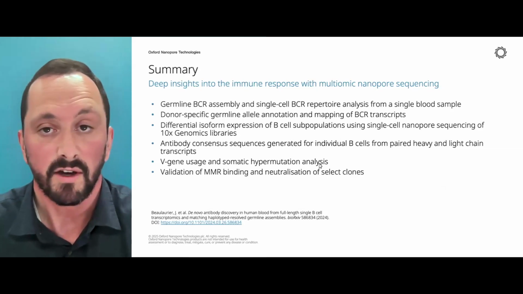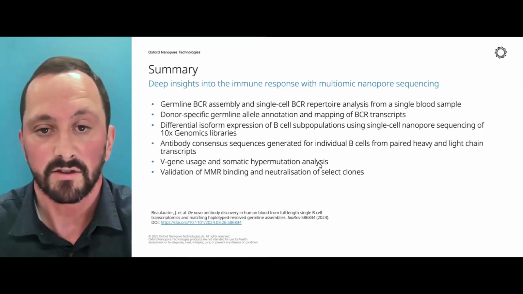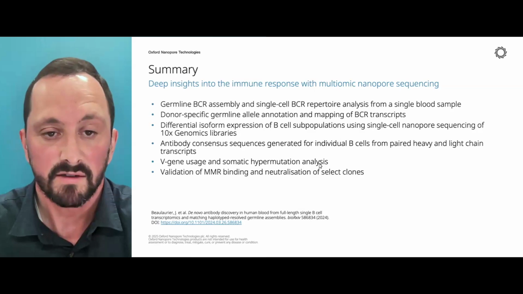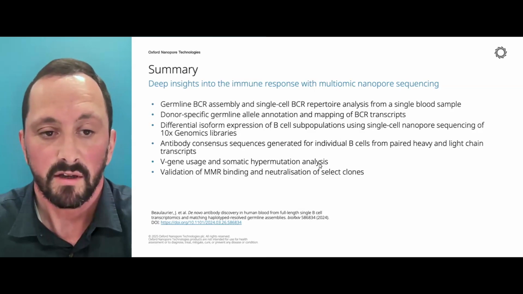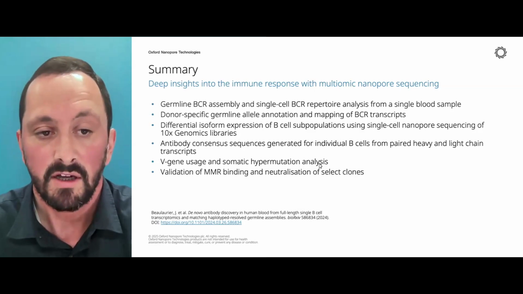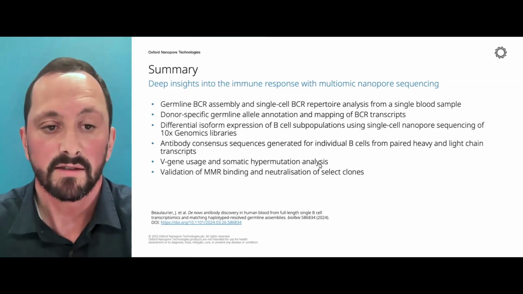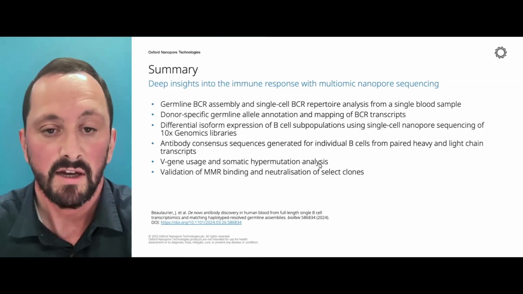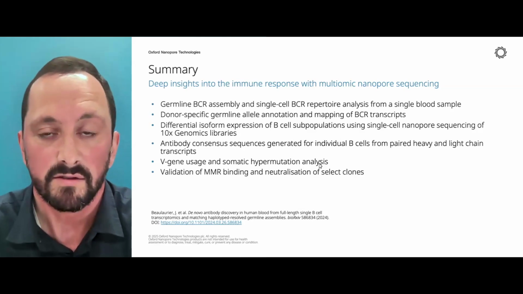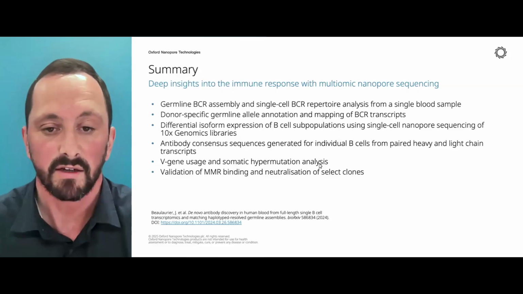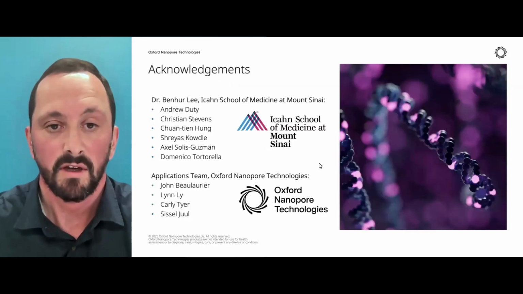We can look at differential isoform expression because we have the full-length transcripts in different subpopulations of B cells. And then we can pair those heavy and light chain sequences, get a full-length antibody consensus sequence, and use that for downstream analysis, for example, V gene usage, somatic hypermutation rates, and validation of select clones against MMR antigens and binding and neutralization assays.